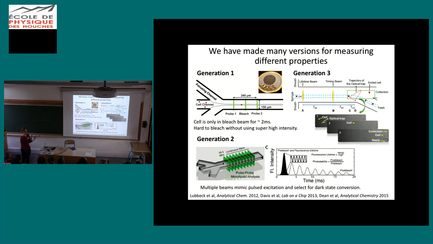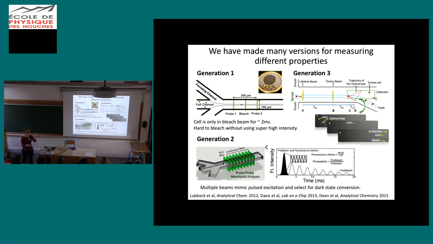So it gets phase shifted because of the time the molecule spends in the excited state, which is the fluorescence lifetime. So in this particular geometry here, we can measure the fluorescence lifetime of that protein in that cell. And then in all of these other beams, we're just measuring the total fluorescence emission.